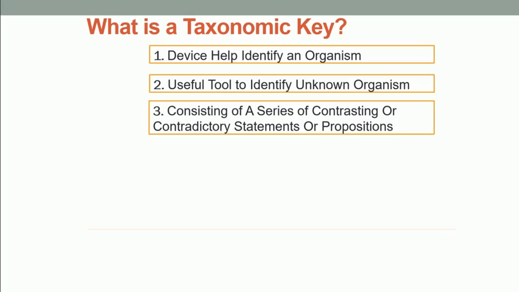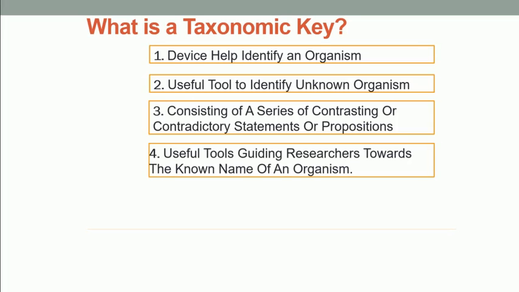When such two alternatives are present, that key is known as a dichotomous key or sequential key. Whereas if he has more choices about that particular organism, that type of key is called a polychotomous key. We will be studying all these in the coming slides.